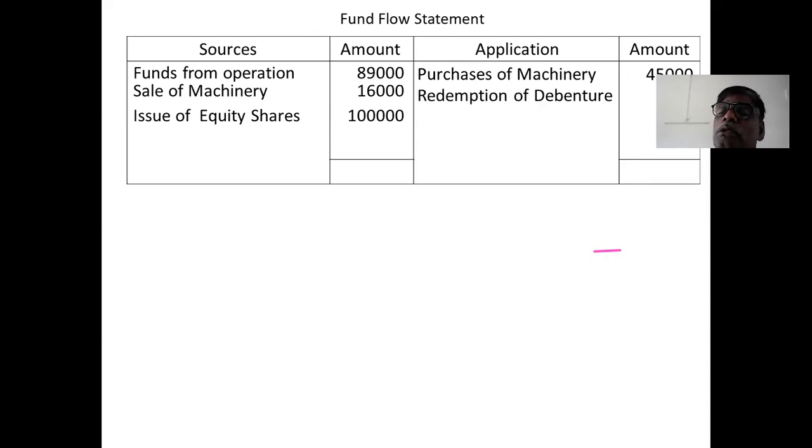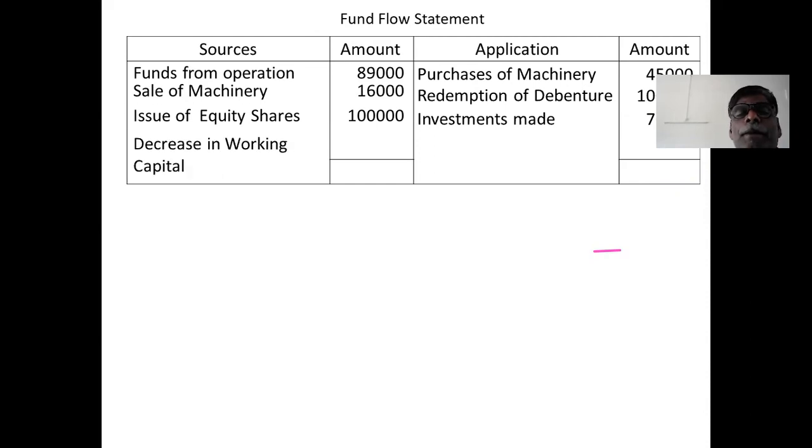Redemption of debenture 1 lakh. Investment increased, I already explained, 70,000. Then decrease in working capital 10,000. You take the total, which is 2,15,000. In this way, you prepare the fund flow statement.